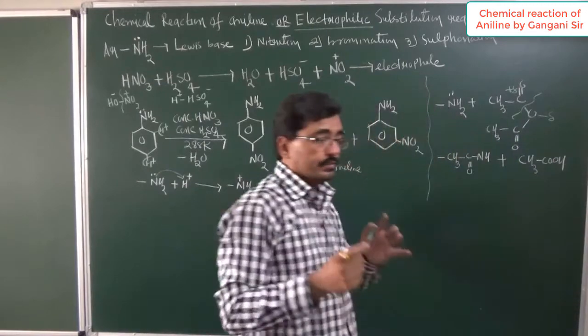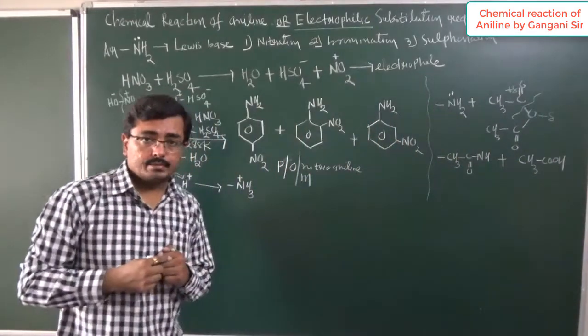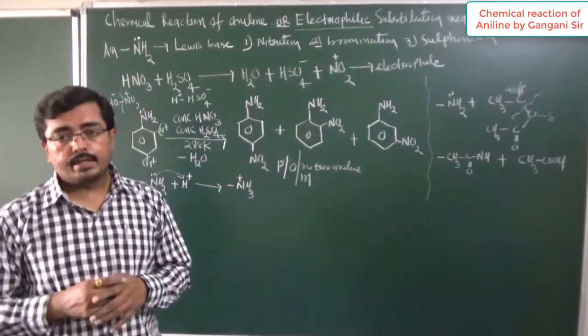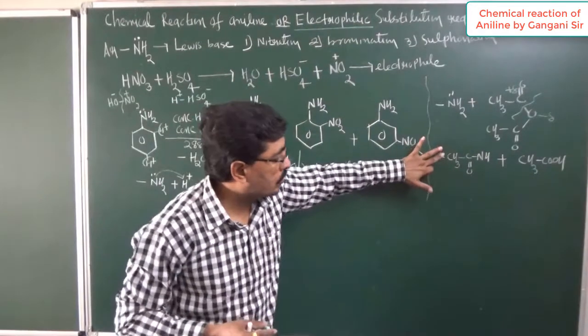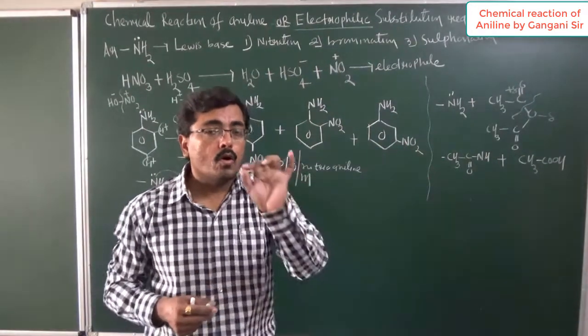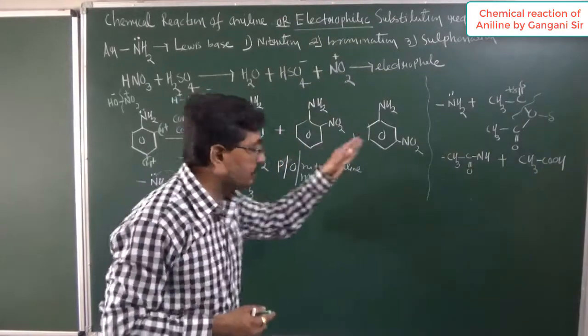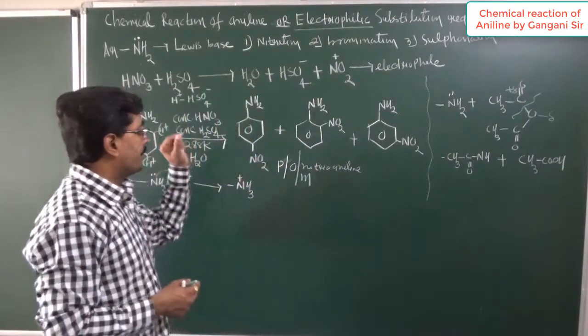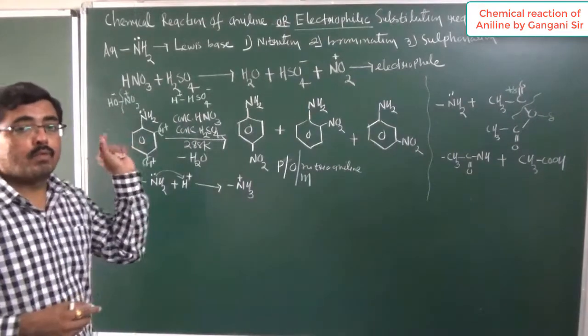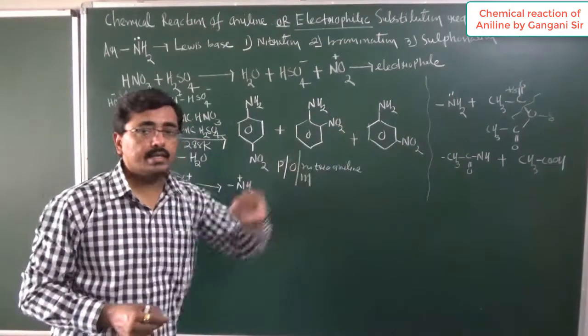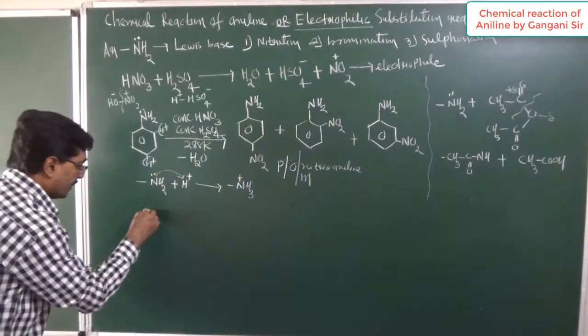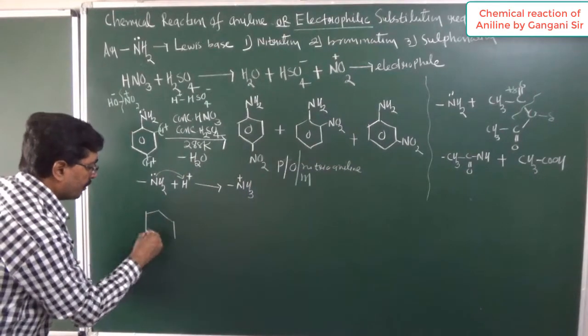So if I want to obtain only a mono substituted product, I don't want these mixtures, then first the amino group is blocked with acetic anhydride. Suppose I want only para-nitroaniline.